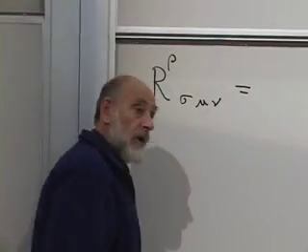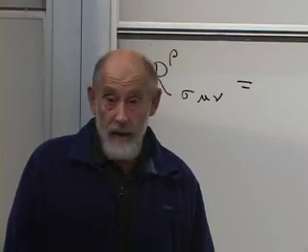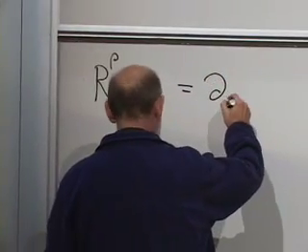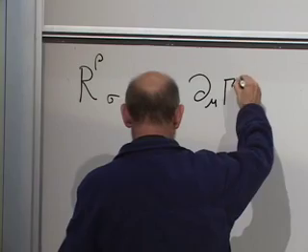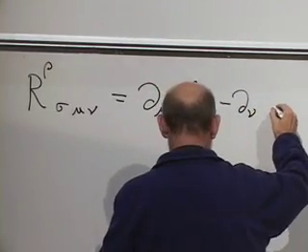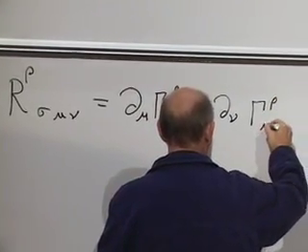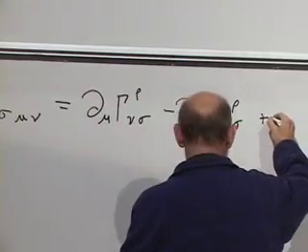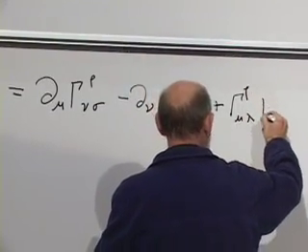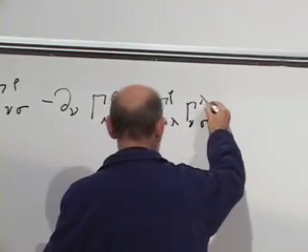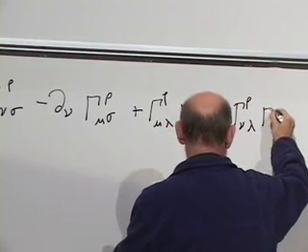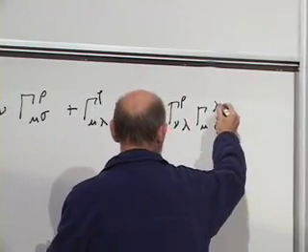They're in terms of derivatives of the Christoffel symbols, and also products of the Christoffel symbols. d mu, and then there are two terms which are just products of the gamma mu lambda rho, gamma nu sigma lambda, minus gamma nu lambda rho, gamma mu sigma lambda.